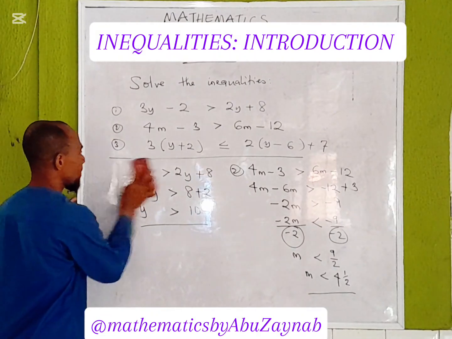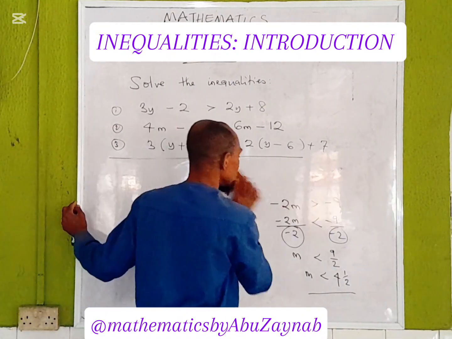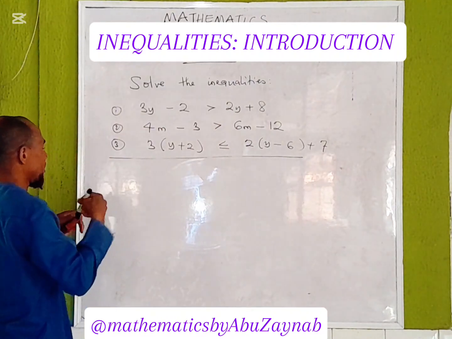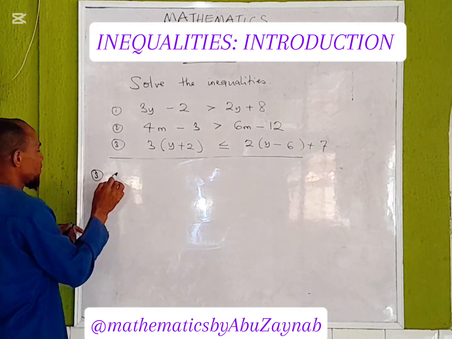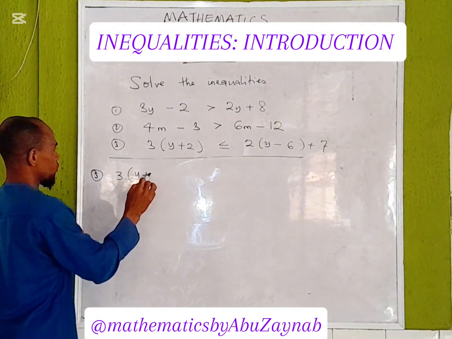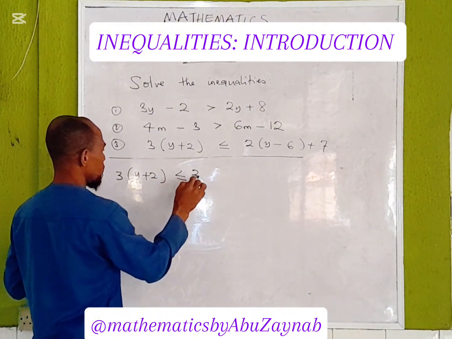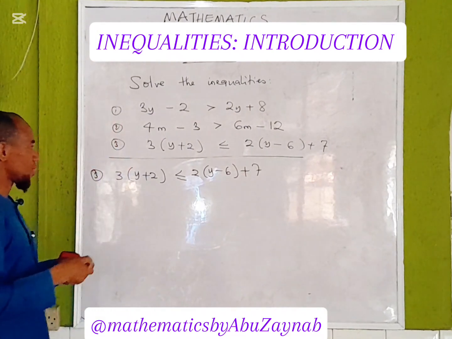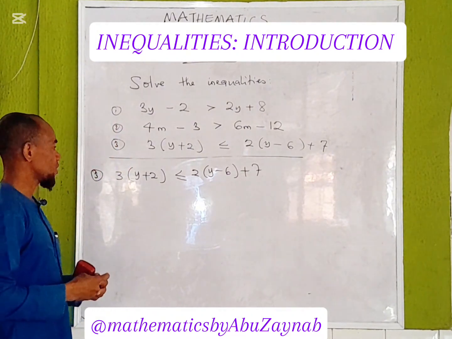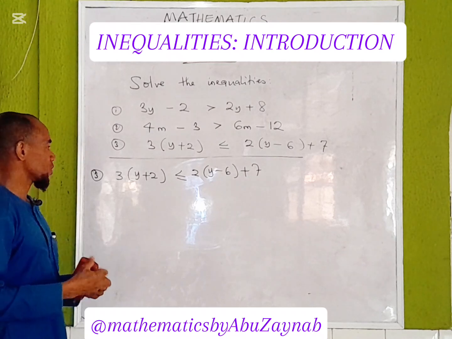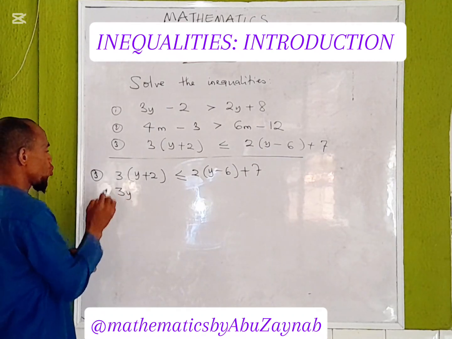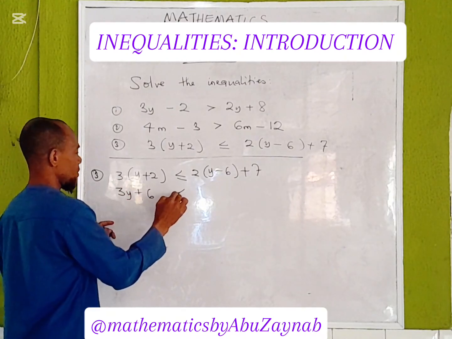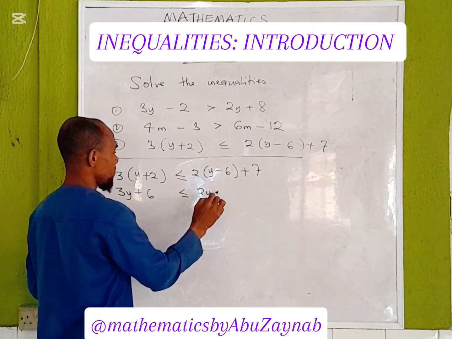So let's look at number 3. We have 3 bracket y plus 2 less than or equal to 2 bracket y minus 6, then plus 7. As usual, whenever you have brackets, the very first thing we do is to open up the bracket. So I have 3y, I open up by expanding, that's multiplying, 3y plus 6 less than or equal to 2y minus 12.